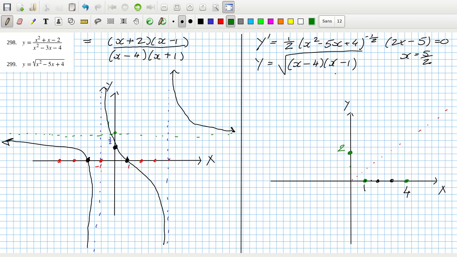So if I complete the square, that's root of (x minus 5 over 2) squared minus 9 over 4.